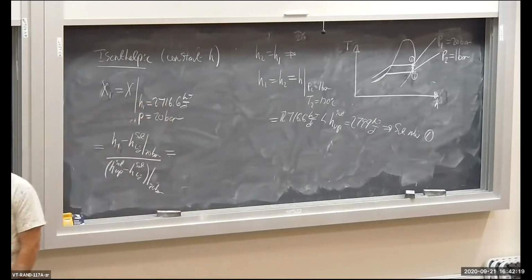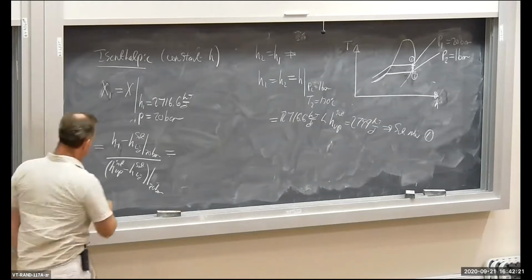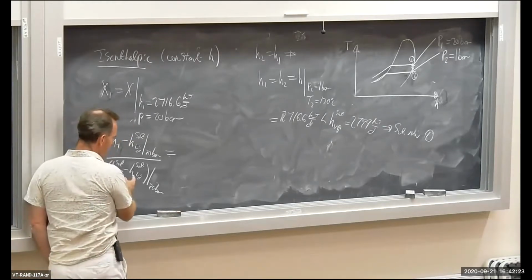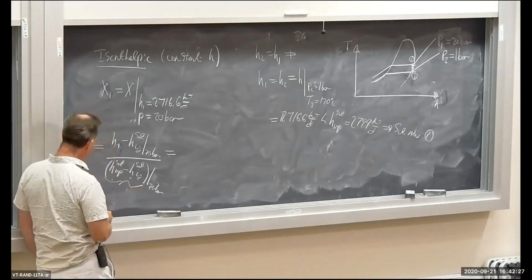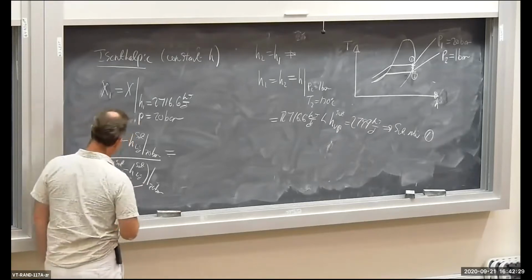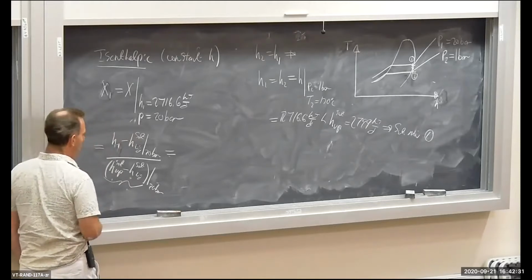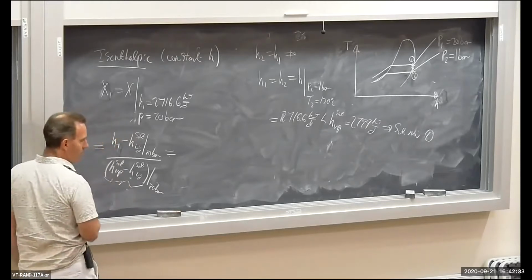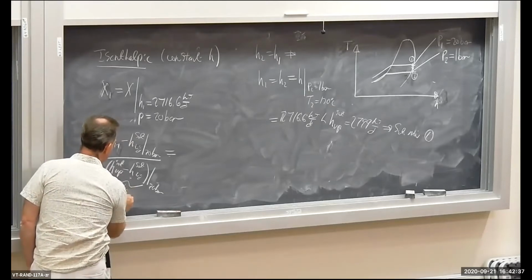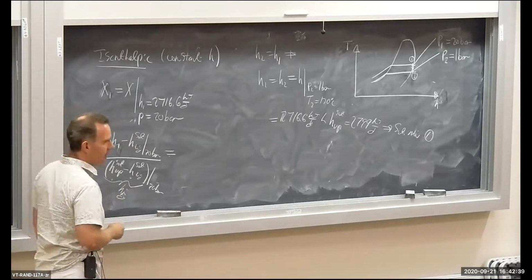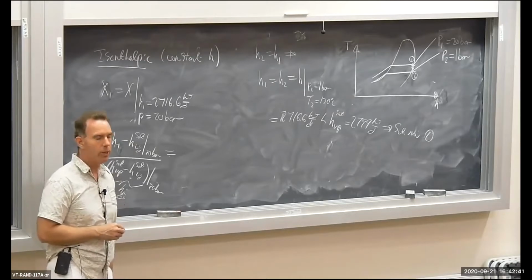By the way, new nomenclature here. This quantity, H sat vapor minus H sat liquid, is used a lot. We use it so much, we created a new quantity called HFG, the enthalpy change from fluid to gas.